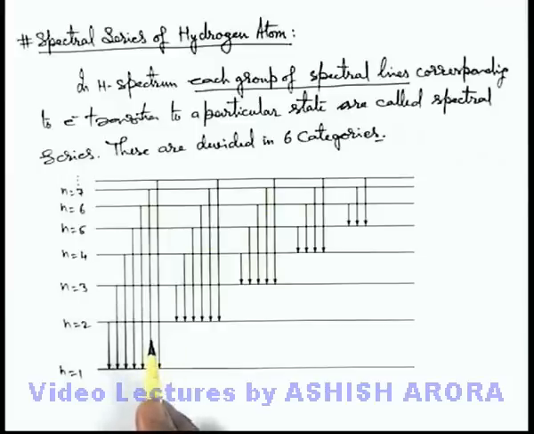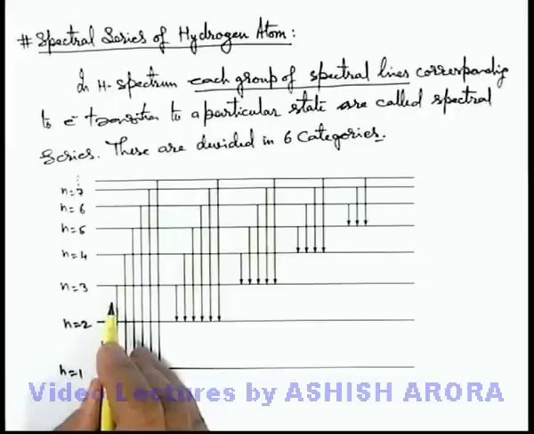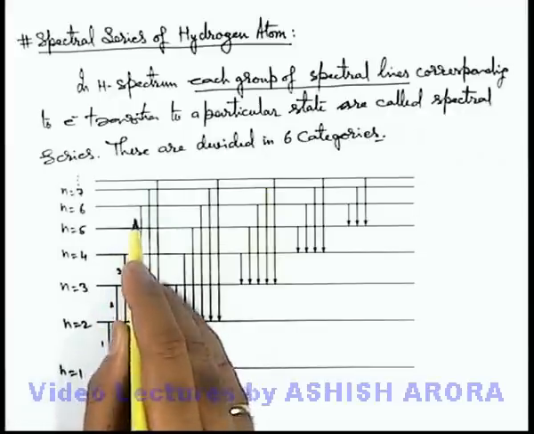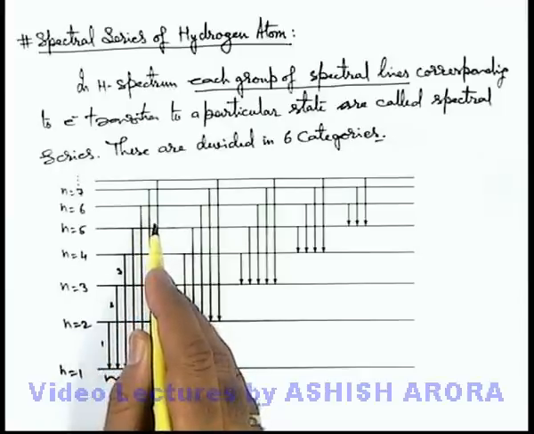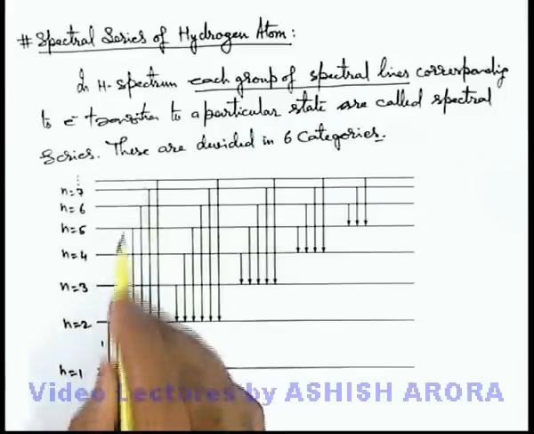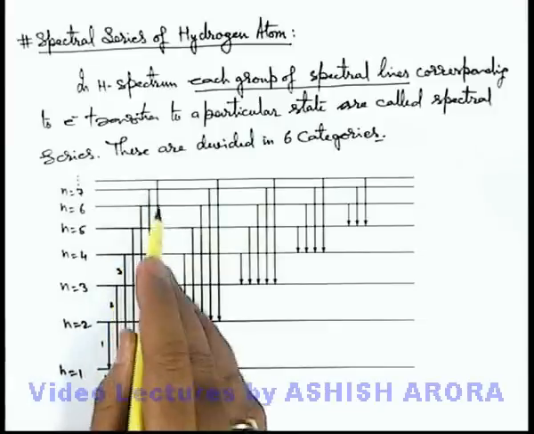But here we can see that from any higher orbit to n equals 1 orbit, when the electron transition takes place, all these energy values form a group of spectral lines, because the first line, second line or third line may have some differences, but then onward the lines will be almost of similar energies, because after the 4th or 5th energy level, the energy levels get very close to each other.